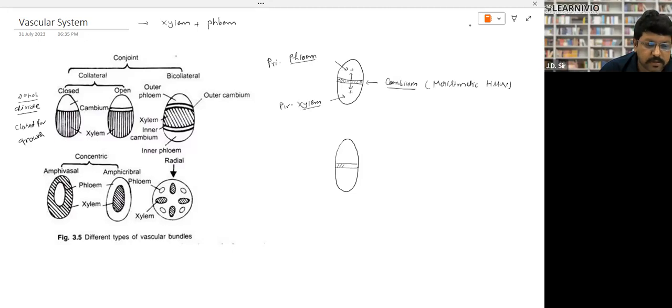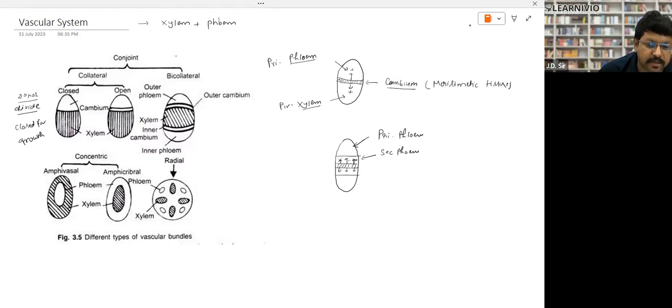Try to understand. This is the cambium. Cambium will add some cells over here. The portion which is already present is called primary phloem, and when it divides, it will add secondary phloem. It will divide at both ends.